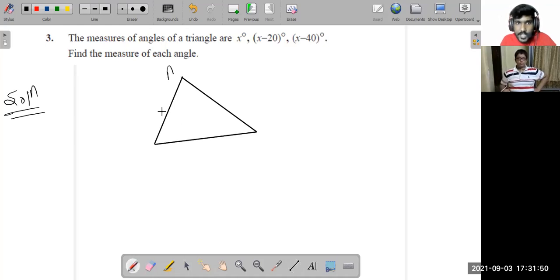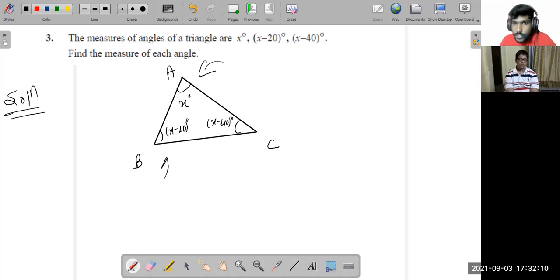I'll name it A, B, C. Suppose A is x degree, B is x minus 20 degree, and C is x minus 40 degree. You have to find out measure A, measure B, measure C.